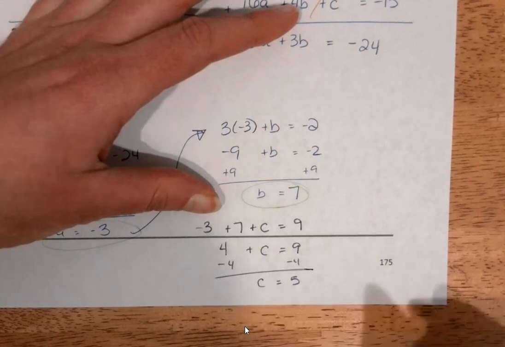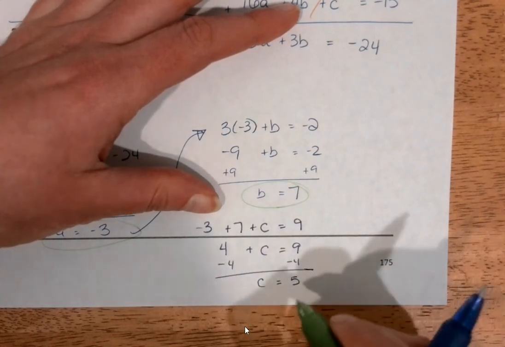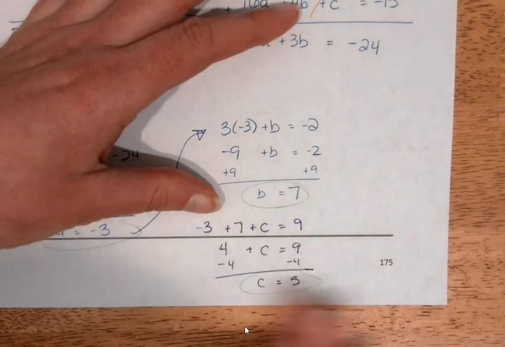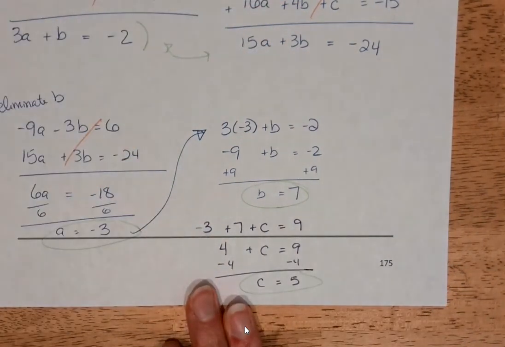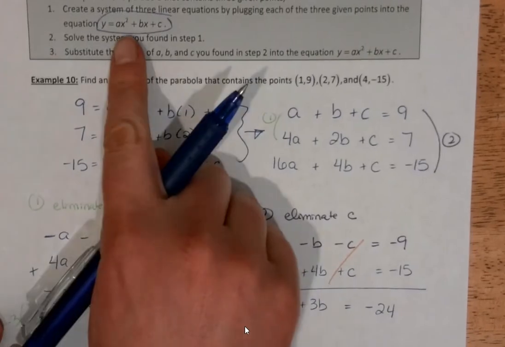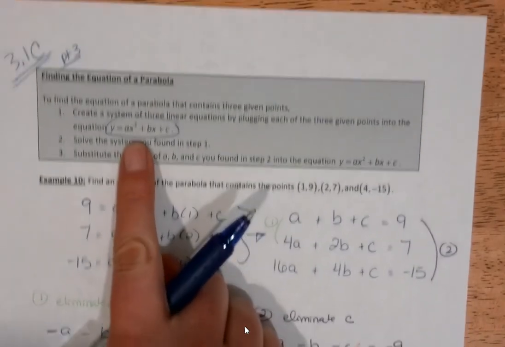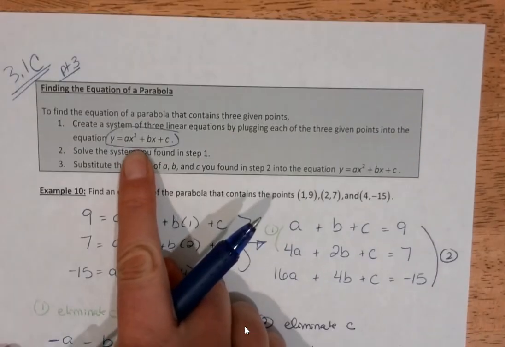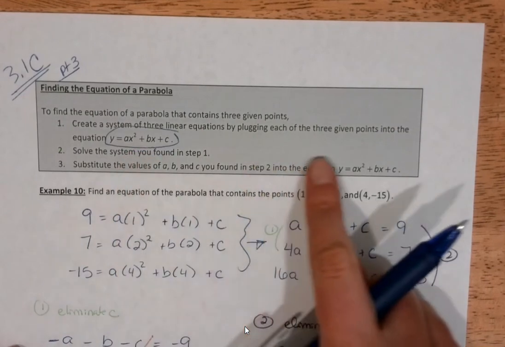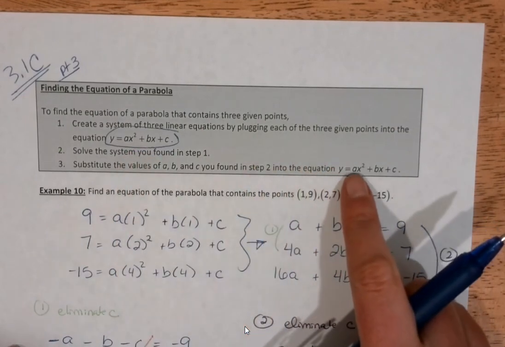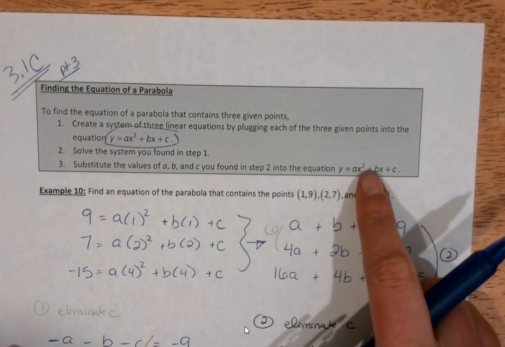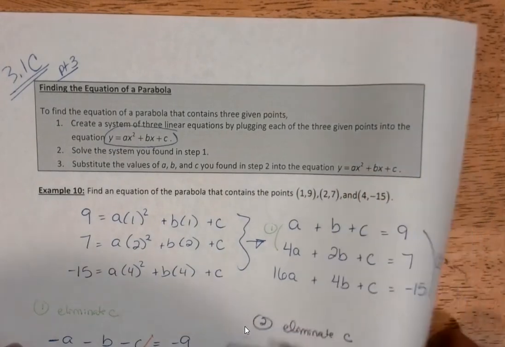All right, so we know our a, b, and our c value. If we remember, our a, b, and c values are the coefficients of a parabola that we were looking for. So instead of answering with an ordered triple, we're going to answer with an equation that has the ax squared plus the bx plus the c.